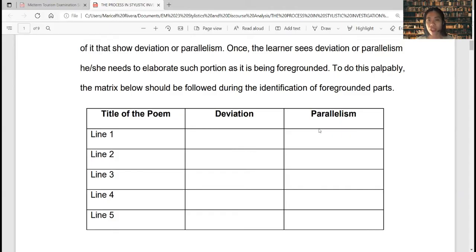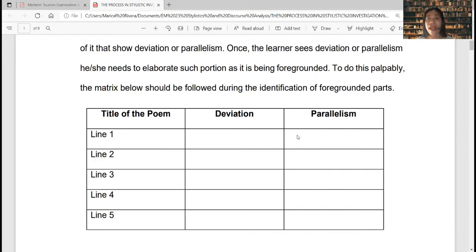So since it's the first phase, it is a must that we create this table. Okay, so we are going to write first all the lines here, copy and paste lang from the poem. And then you're going to take a look at if there is a deviation that you can find in line 1, and if there is parallelism. So it can be obviously that in line 1, you find deviation, and at the same time, nasa siya parallelism. And it could be that the parallelism here would be occurring not only in line 1, but all the way to line 3.